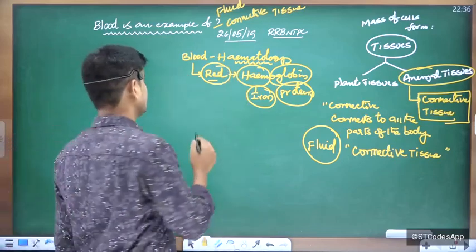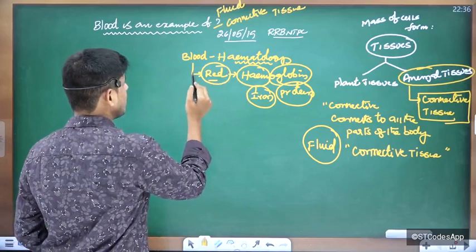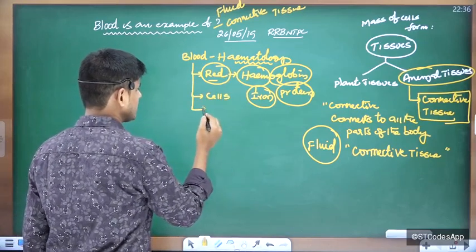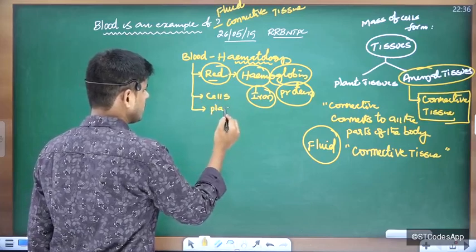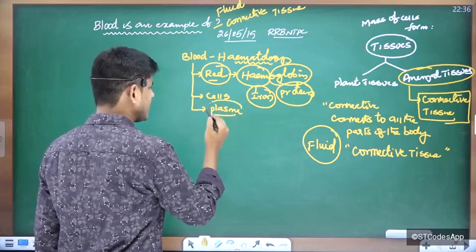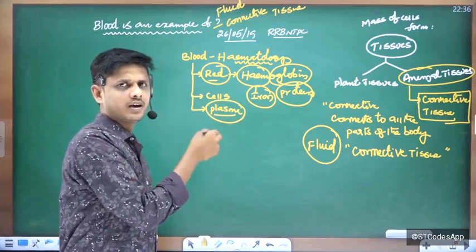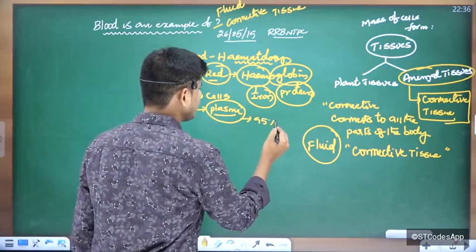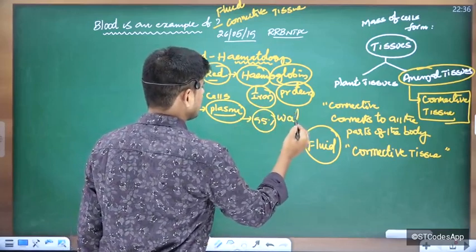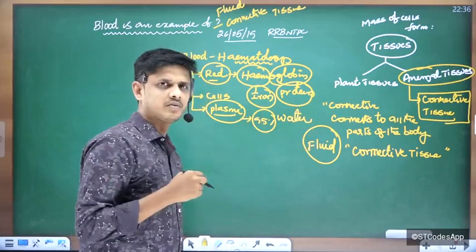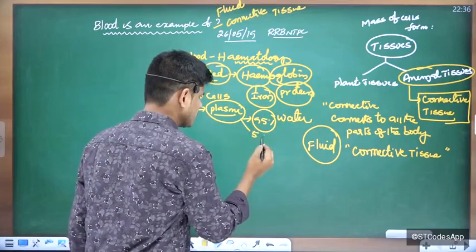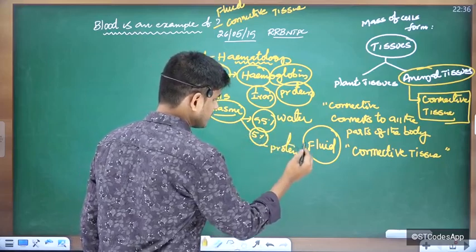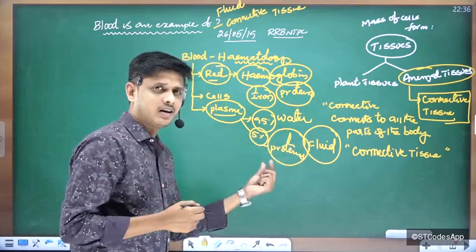Blood is a fluid connective tissue, and it has different types of cells, as well as plasma. Plasma is also a fluid connective material, composed of 95 percent water and 5 percent proteins.